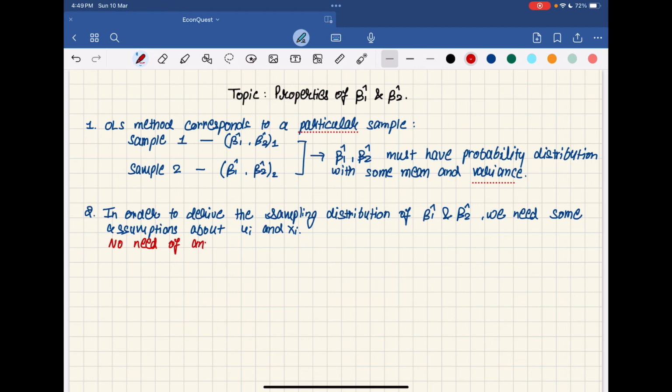No need of any assumption while estimating beta 1 hat and beta 2 hat.